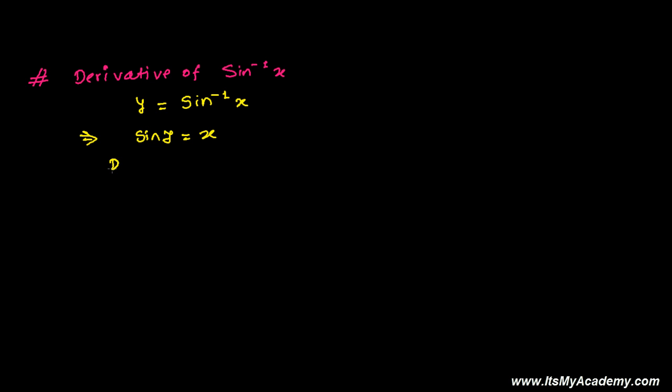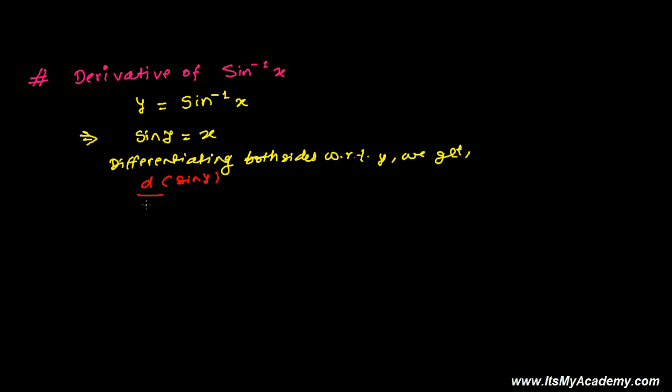So differentiating both sides with respect to y, we get the derivative of sine y with respect to y and the derivative of x with respect to y. The derivative of sine y is cos y, and it will be dx over dy.